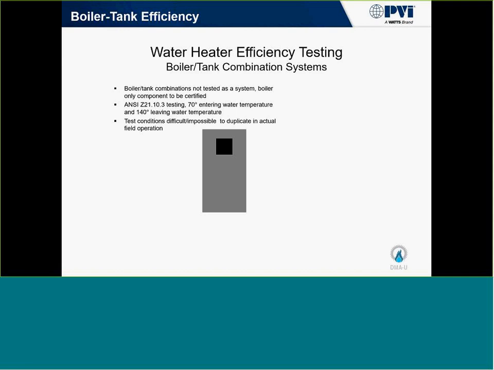So whatever efficiency is derived from that equation, it's from that piece of equipment. With the water heater, that piece of equipment includes the storage. It includes the tank, the insulation, the standby loss, everything. With a boiler, it includes just the boiler, so it doesn't include all those other variables that would come into a standard type field application.